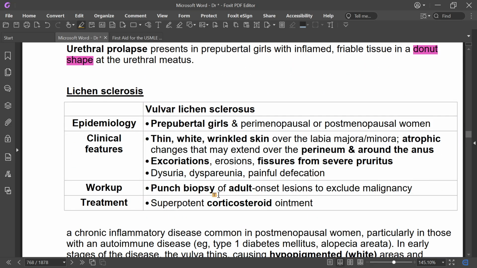Lichen sclerosus, or vulvar lichen sclerosus.